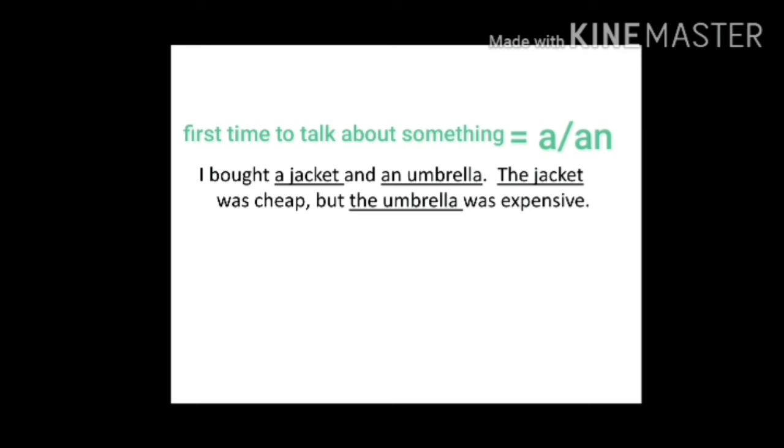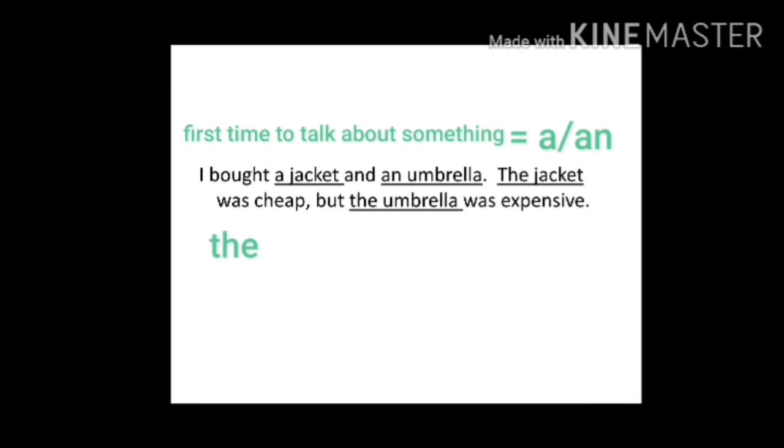The speaker is informing someone for the first time about the jacket and the umbrella that he bought. In the second sentence, the jacket was cheap, but the umbrella was expensive.